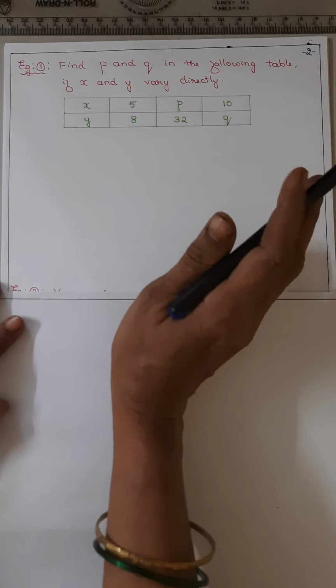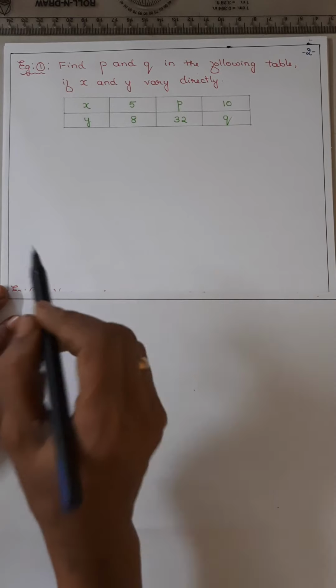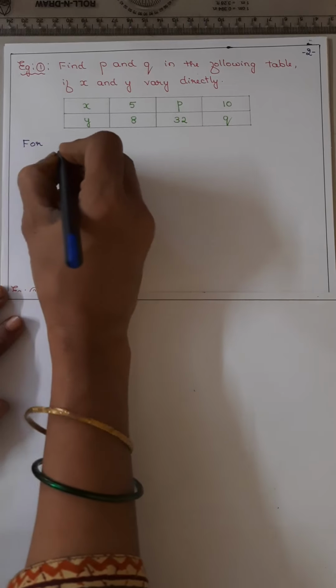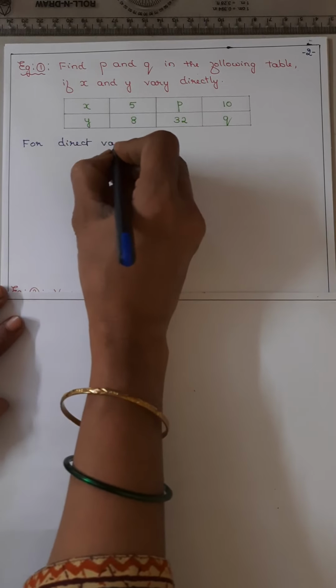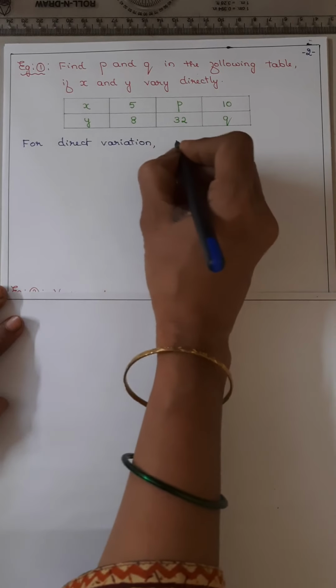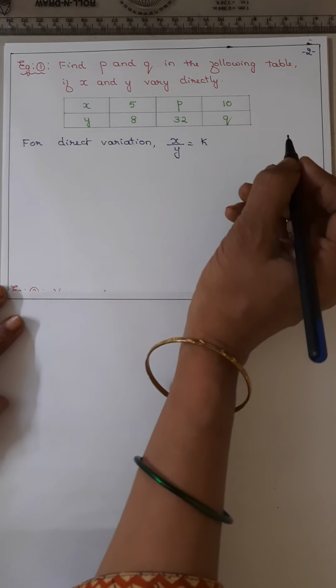So, when it is mentioned, you write the formula for direct variation: x by y is equal to k.